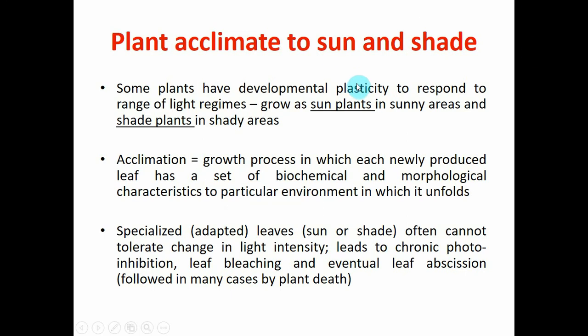Now, the genotype, the genes, controls the phenotype. But you are able to manipulate and change your phenotype within the limits that the genotype gives. So, for example, just because I am a pea plant does not mean now through plasticity I can become a maize plant.